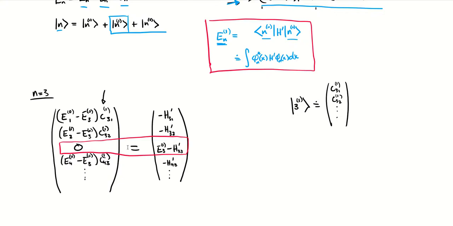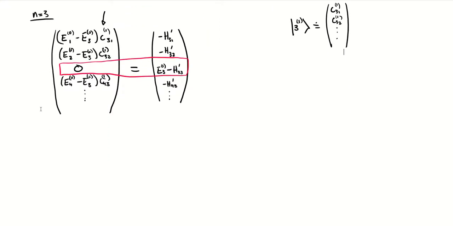So what is that? Well, if we just choose some arbitrary mth row, what that row gives us as an equation is the mth energy eigenvalue E_m^0 minus E_3^0 times C_m3 first is equal to negative that matrix element of the m3 state.